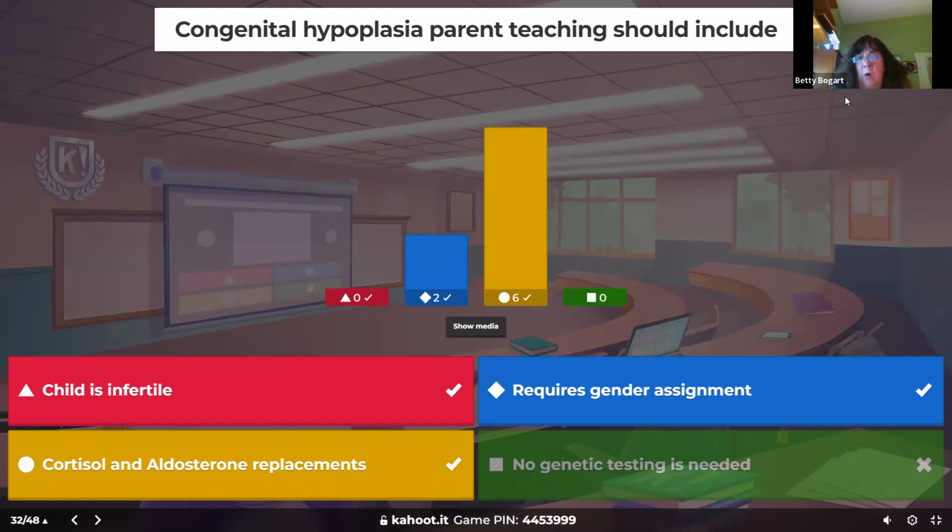So what was it? Well, I'll tell you what they did in this case, because I know you're probably wondering. They did ultrasounds and stuff, looked at the body parts that they had. They did hormone testing to see which way they should go. These children will never have babies of their own. They'll be sterile, okay? And they'll require, because of a lack of adrenal hormones, cortisol and aldosterone for life. Again, you're going to regulate it according to stress and growing and all of those things.